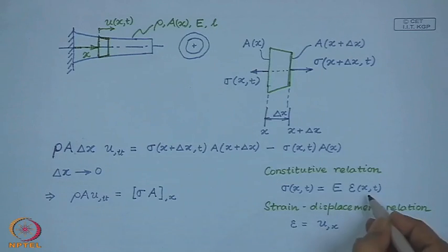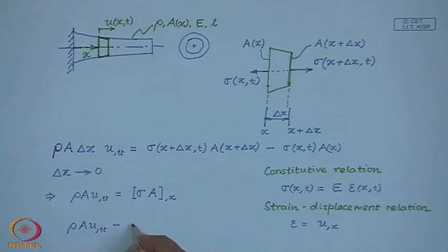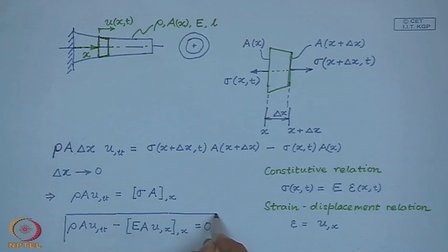So, if I substitute this expression in the constitutive relation and put this back in the equation of motion, what I obtain, on rearrangement of terms, is therefore the equation of motion for axial vibrations of a bar.